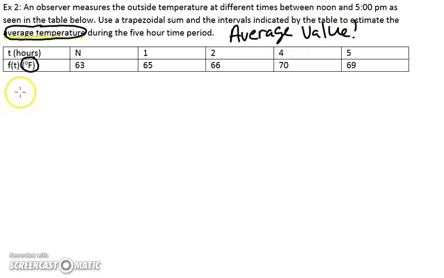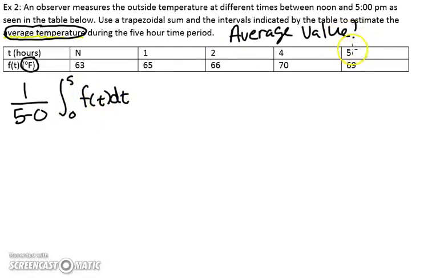So they really want us to find, we'll call noon 0, the integral of 1/5 minus 0 from 0 to 5 of f of t dt. And we're calling noon 0. If you follow the pattern 5, 4, 3, 2, 1, we'll call noon time 0. And that's pretty common, to call the starting time 0.